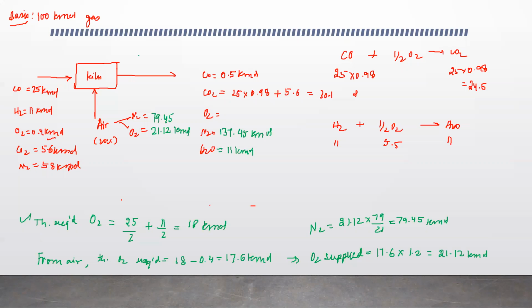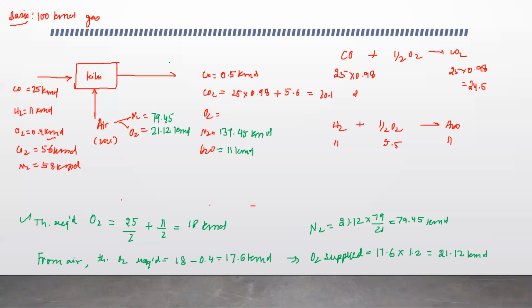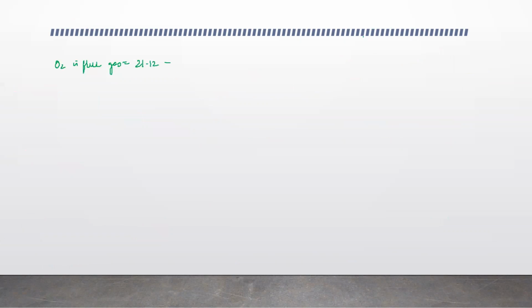Finally, oxygen in the flue gas. Oxygen in the flue gas is equal to oxygen that is supplied, that is 21.12, minus oxygen that is consumed. So that is equal to 25 into 0.98 by 2 plus 5.5 kilomoles. All right. This is for carbon monoxide, and this is for hydrogen.